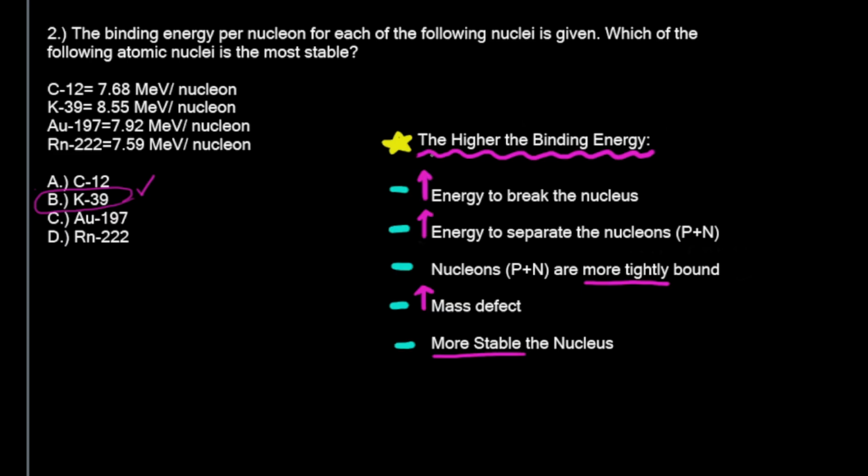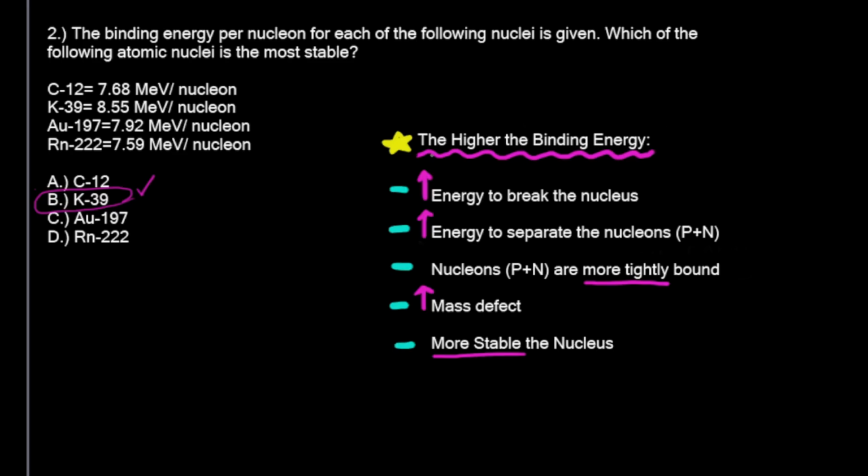We said before that a higher binding energy means that more energy is released when protons and neutrons come together. And if more energy is released when protons and neutrons bind, this means that the nucleons are held more tightly in the nucleus, which makes the nucleus more stable.